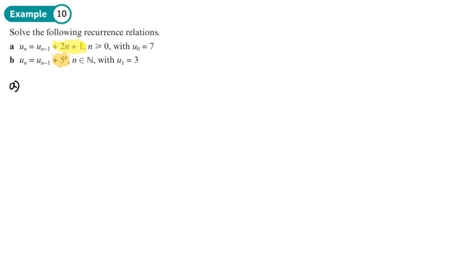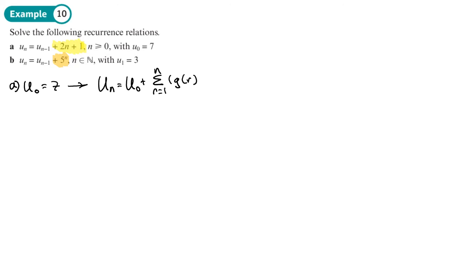In part A, we're given u0. So that means that the solution is going to be un equals u0 plus the sum from r equals 1 to n of g of r.